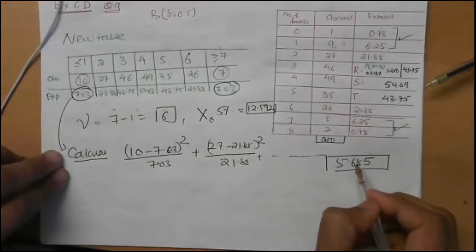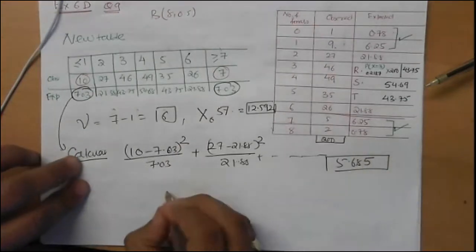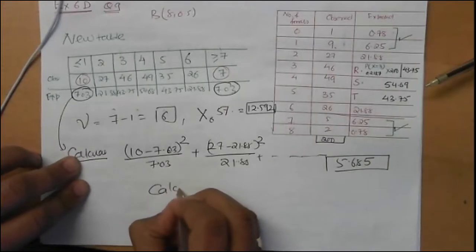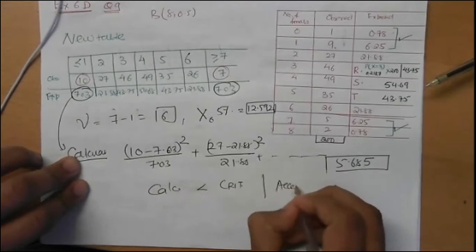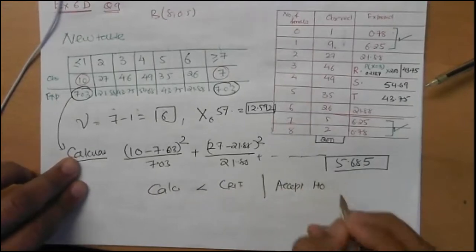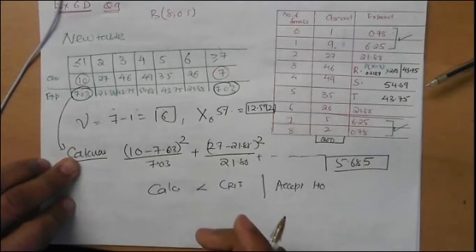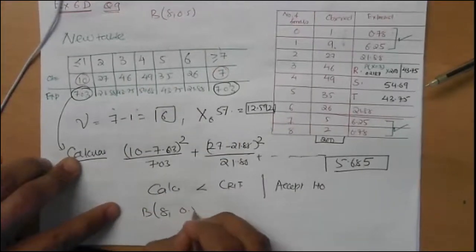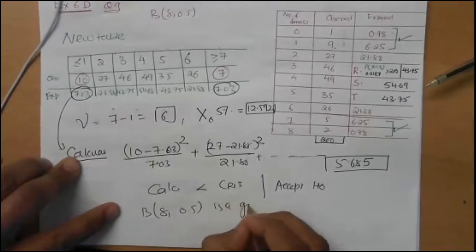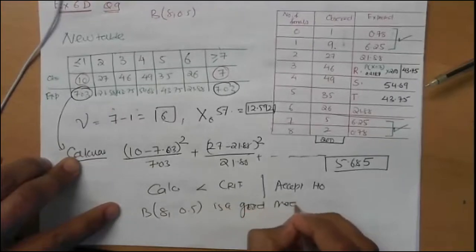So guys, the calculated one comes out about 5.685. So this is my calculated is less than the critical. That means I can accept H naught. Okay. What does that mean? That binomial distribution 8, 0.5 is a good model.